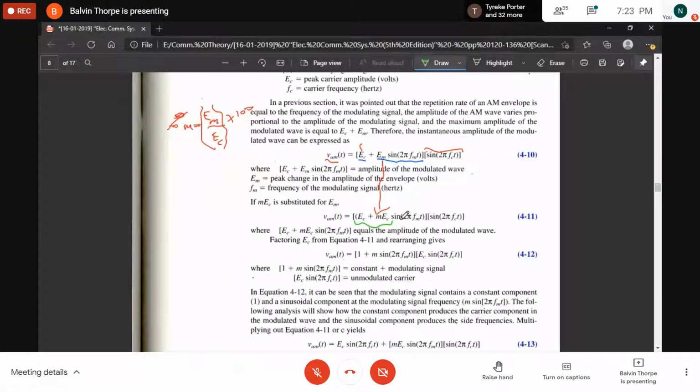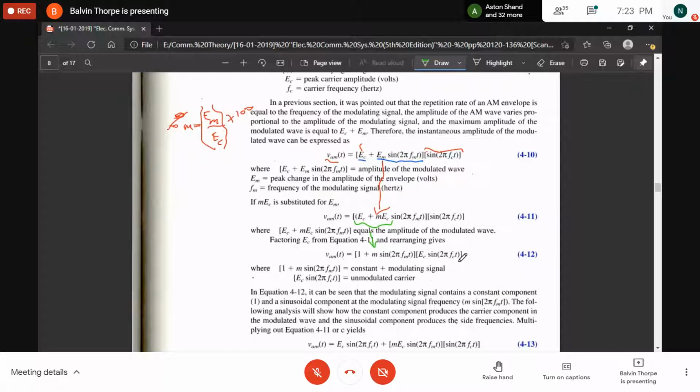Agree? Which is what happens here. When we factor out EC, we get this expression 1 plus M sine 2 pi f, and the E being factored out comes outside, so it becomes this new expression, as in equation 4.12.